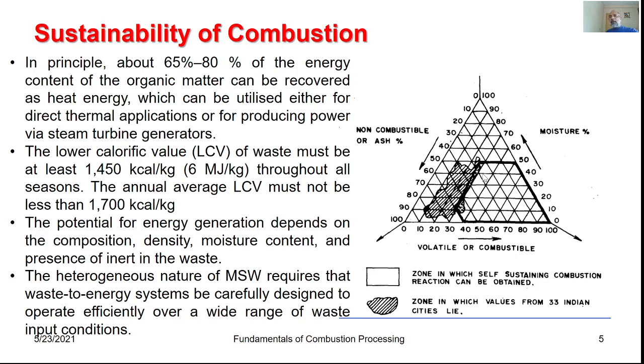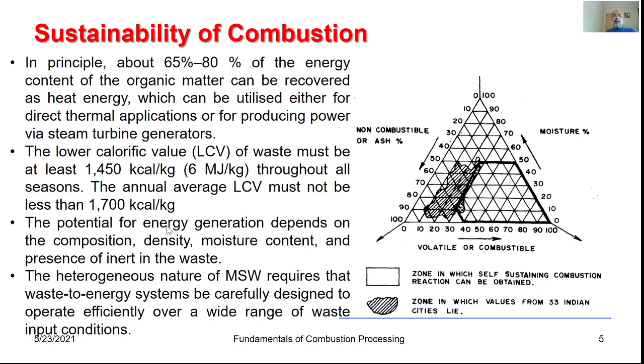So as we consider the real conditions associated with the kind of waste being generated in India, it is lying in this zone. So really speaking, the waste which is generated does not have the necessary parameters to have combustion as a sustainable operation.